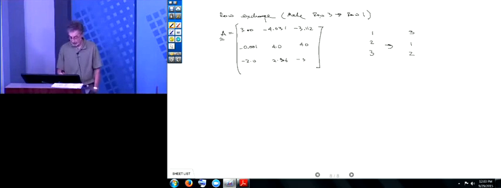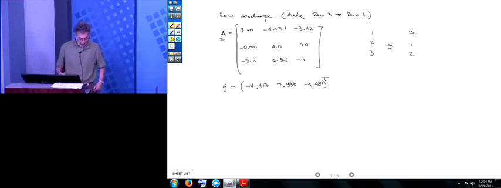We do that, of course, and we have to work with the right-hand side of this equation too, and this will be minus 4.413, right? 7.998 and minus 4.481, the transpose, so this is a column vector.